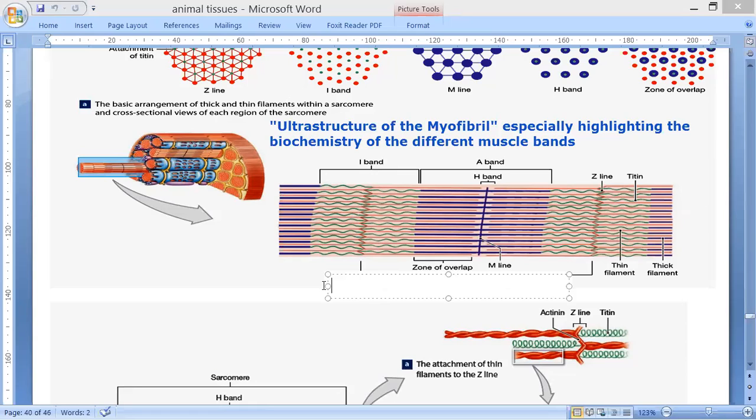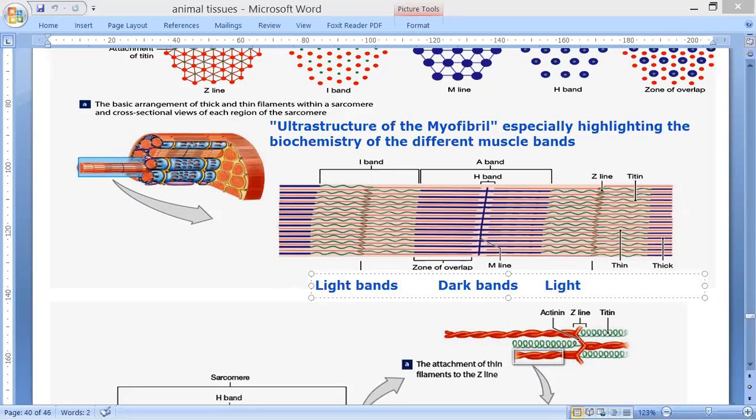So these are light bands, followed by dark bands, and which is again followed by light bands and so on.